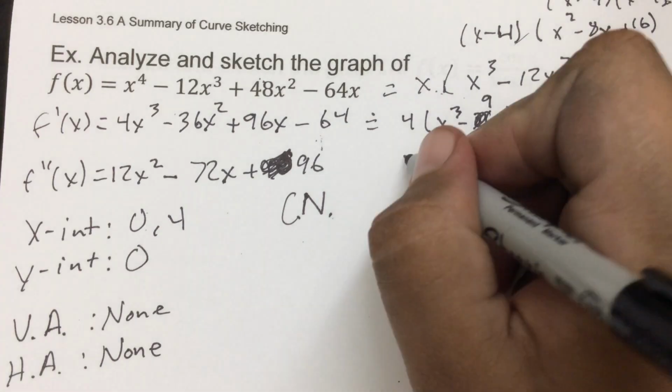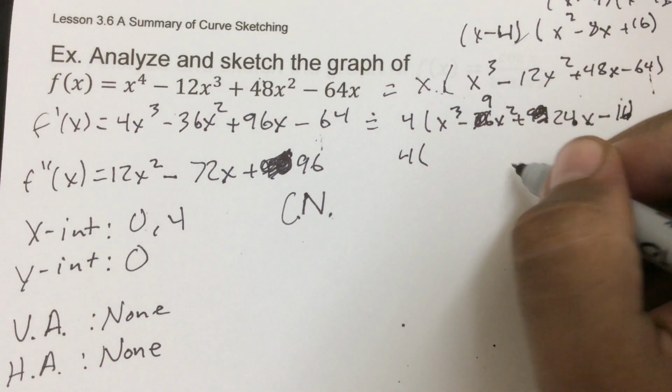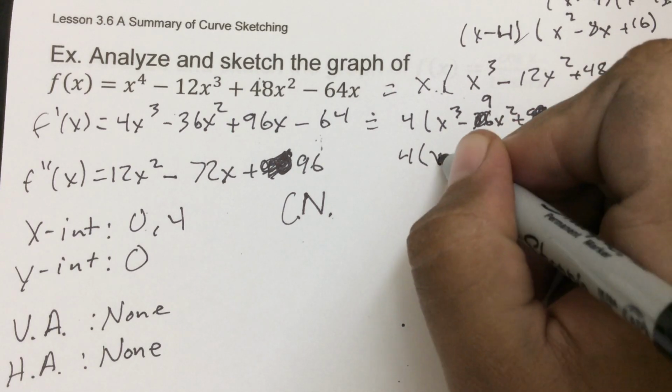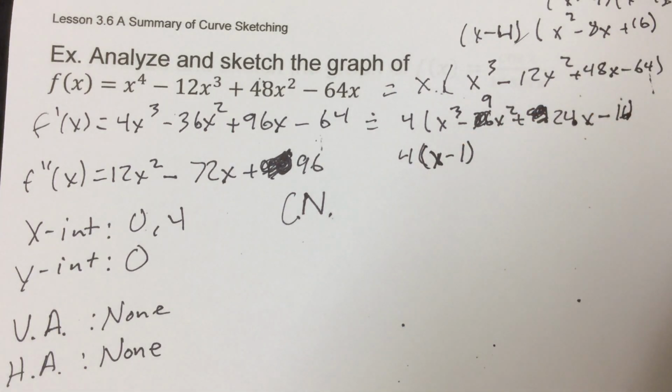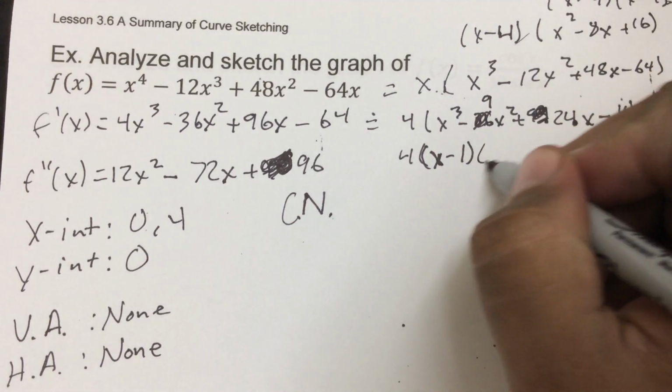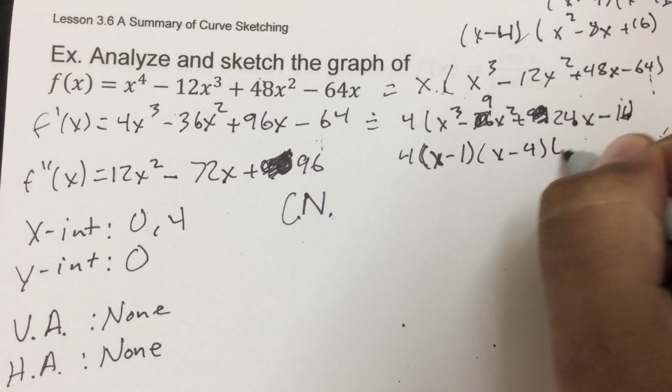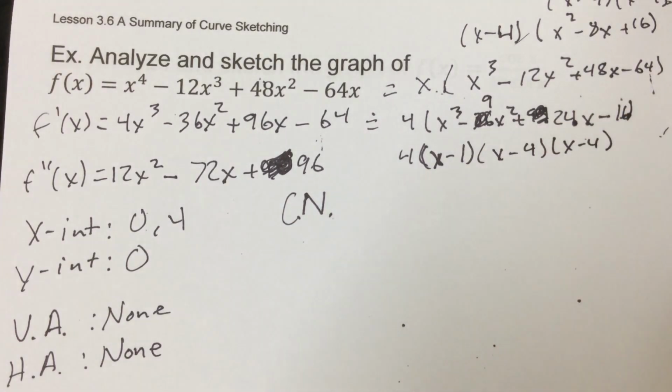So same sort of a deal, I could pull an x minus 1, which would leave me with the same thing, actually, believe it or not. So this will go to x minus 4, x minus 4, when you break that all down.